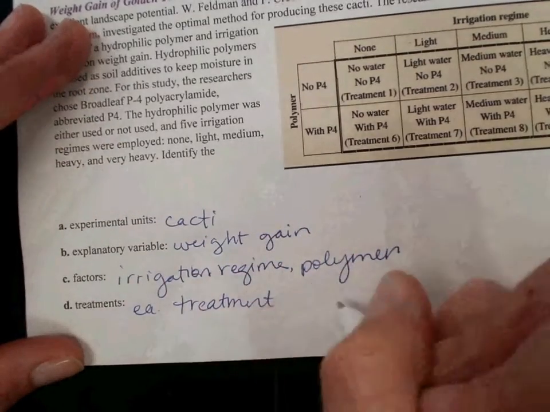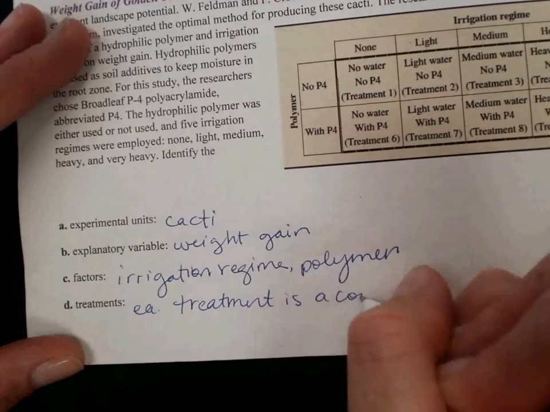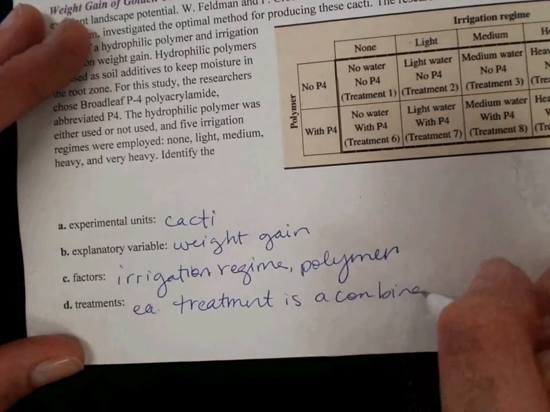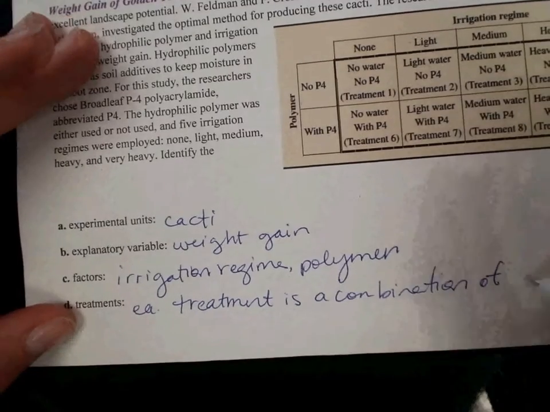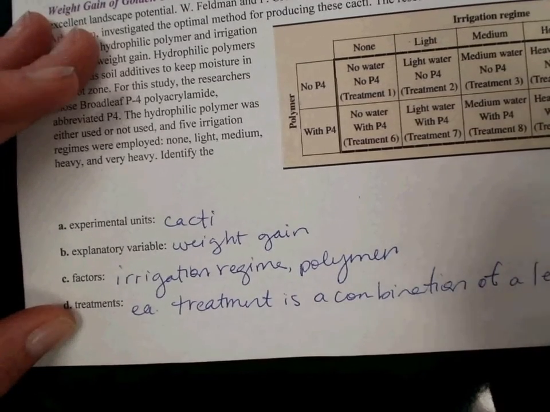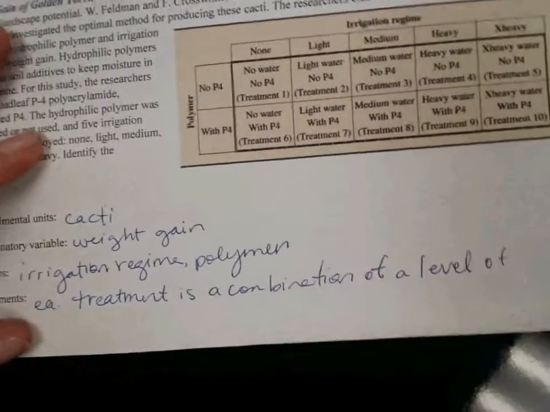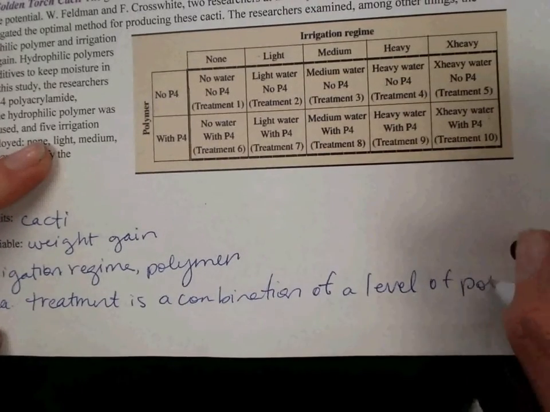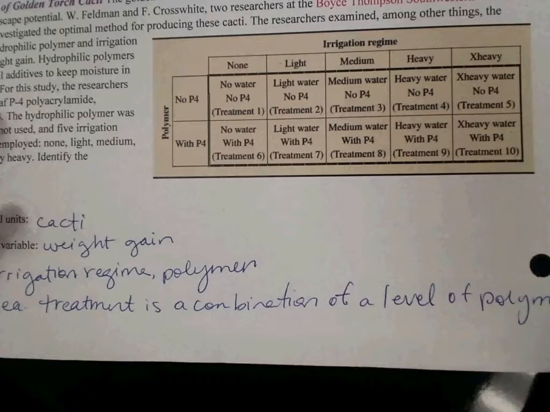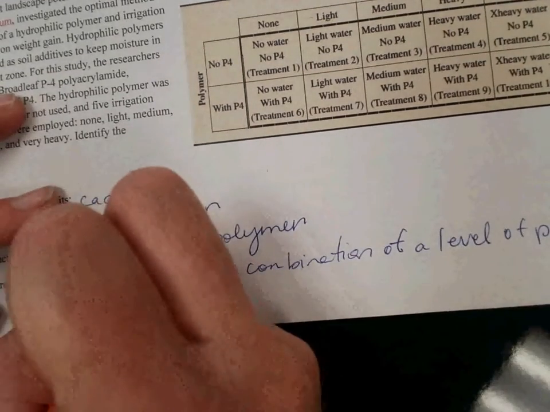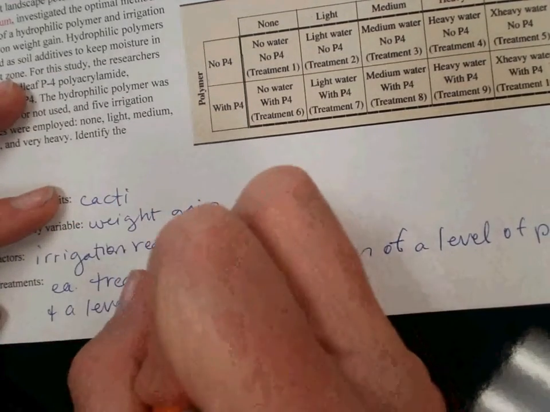For the treatment, each treatment is a combination of a level of polymer and the level of irrigation regime.